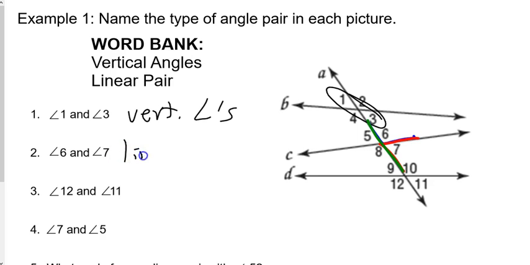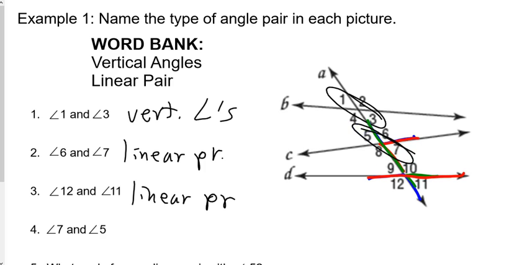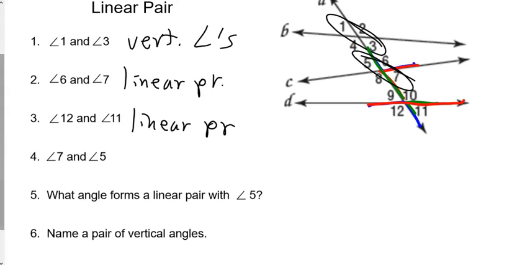Therefore, they are a linear pair. 12 and 11, also side by side. Here's 12, here's 11. What do they form? A straight line, making them also a linear pair. 7 and 5, across from each other. Vertical angles.